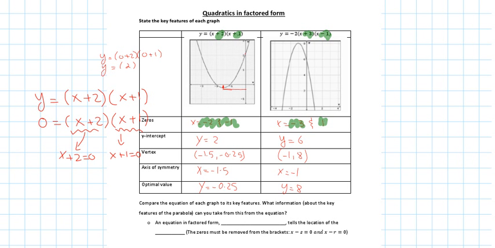Negative 2, because you bring the 2 over. For this to equal 0, what would x equal? So what are my two zeros? Remember that I have factors. I have something multiplied by something. Because it's something multiplied by something, for it to be equal to 0, one of them must be 0.